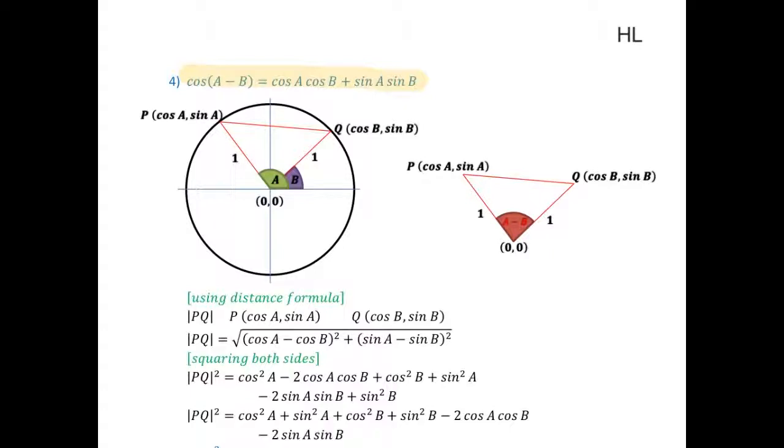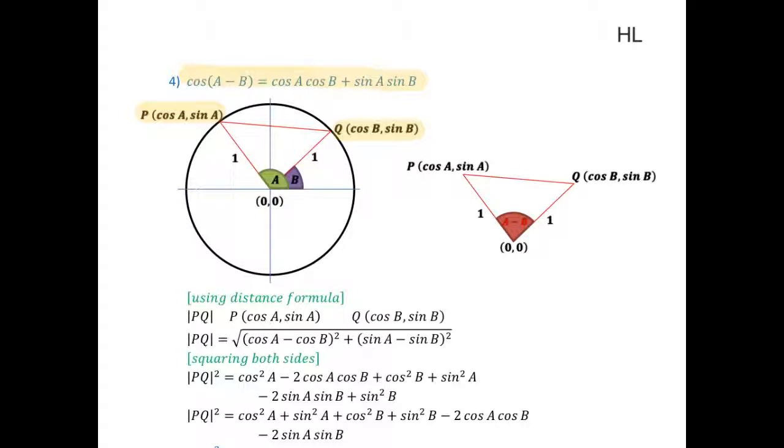4 is probably the longest proof of the remaining proofs because the rest rely on substitution based on the previous proof. So for the proof for this formula, we need to look at this diagram shown here, where we have the unit circle once again drawn, so it has radius of 1, and we have 2 points P and Q, which have coordinates cos b sin b and cos a sin a respectively.